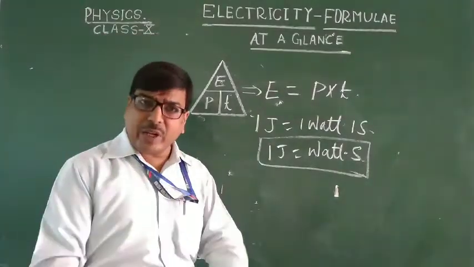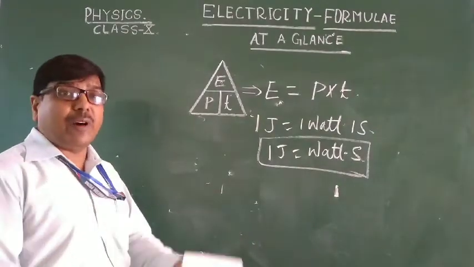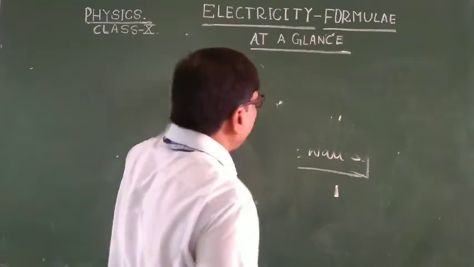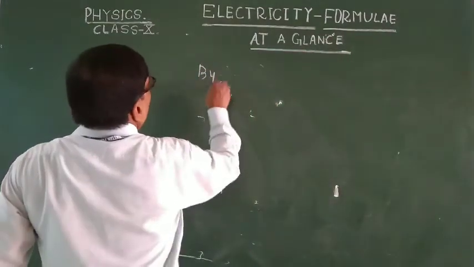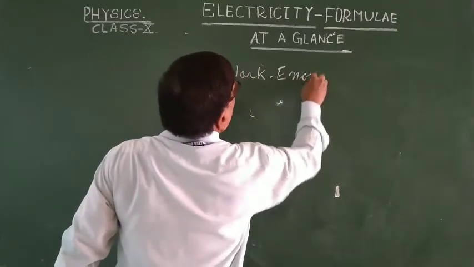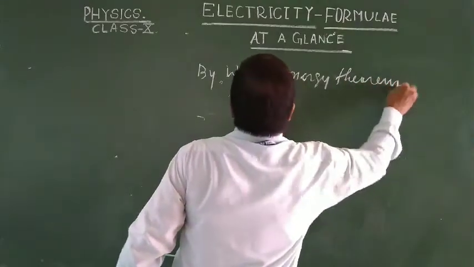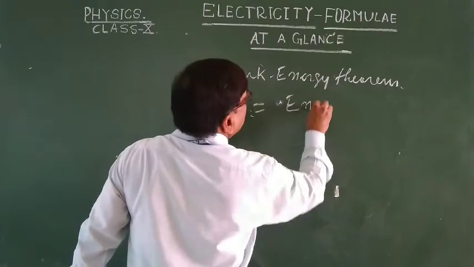Electrical energy can be converted into heat energy, and also into sound energy. By the work energy theorem, both are equal, so work done is equal to energy used.